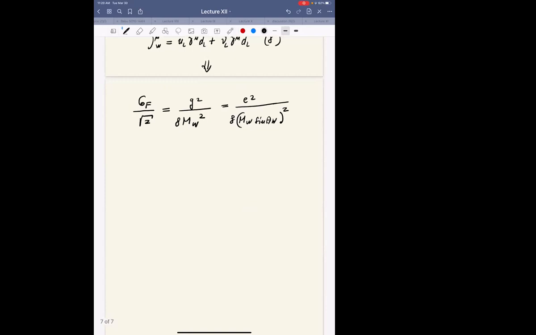So what it told us is that theta W is the fundamental parameter. I have to know it. Fundamental electroweak Standard Model parameter.